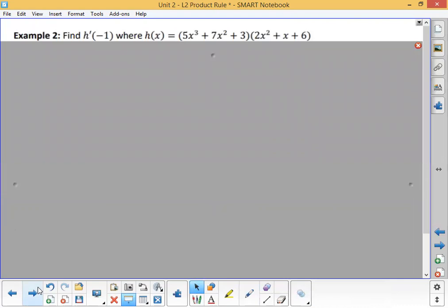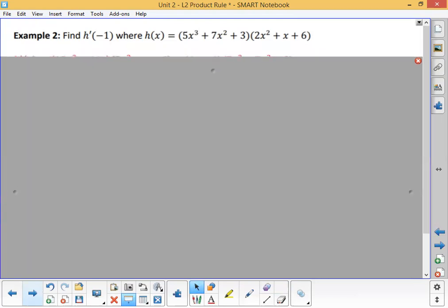Okay, here is a little bit more specific of a question and a longer product. We have a trinomial times a trinomial, and we need to find the derivative at x is equal to negative 1. So let's go step by step.